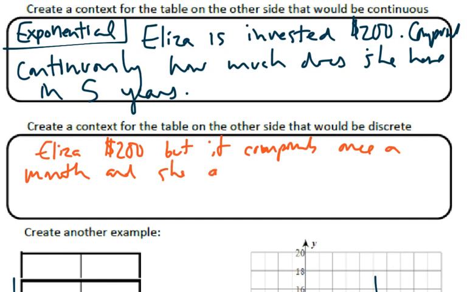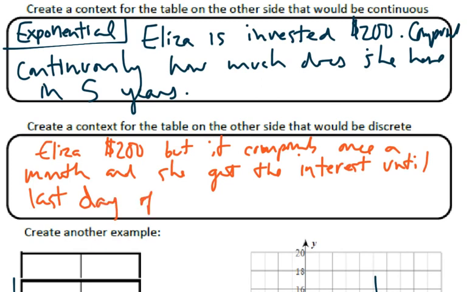And she doesn't get the interest until the last day of the month. So it really only compounds that last day. So if she takes it out sooner, she won't have that extra. So there's nothing happening in between the end of the month for each one.